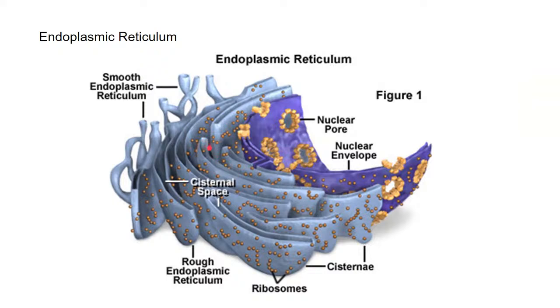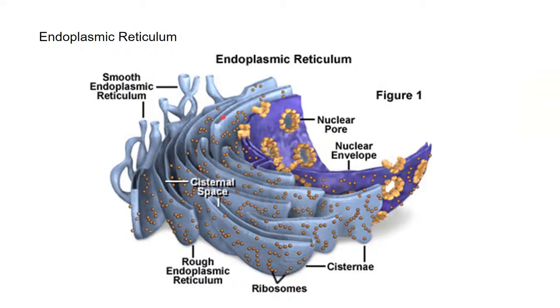Now, it's important to understand that not all cells have an endoplasmic reticulum, right? Plant cells do, animal cells do, what cells don't? I want you to keep that thought in your mind and we'll get back to that, right?